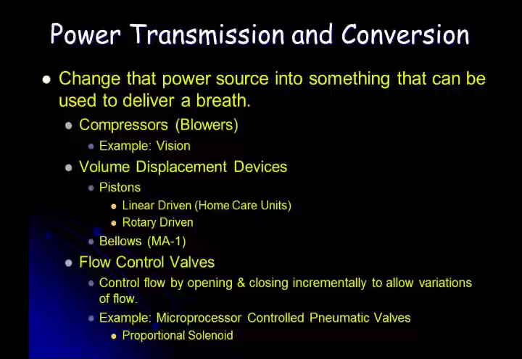And there are multiple ways that different ventilators accomplish this. Some have compressors or blowers, and this is what we've been working with in the non-invasive, the Vision, the V60. They're both creating pressure change, pushing gas into the lungs secondary to a blower of some kind.